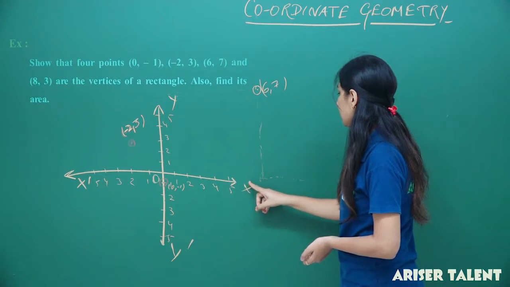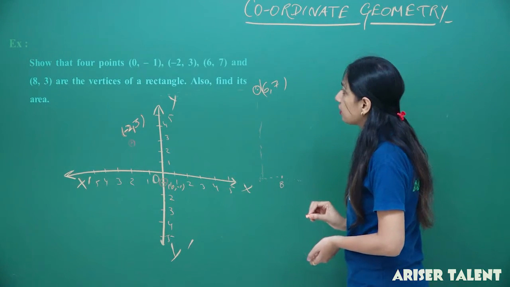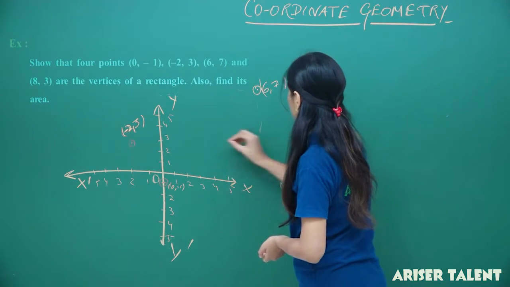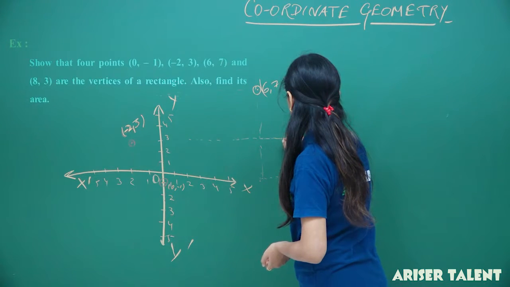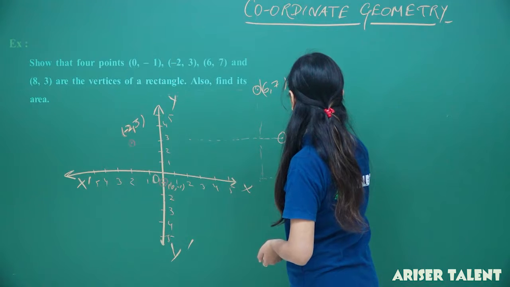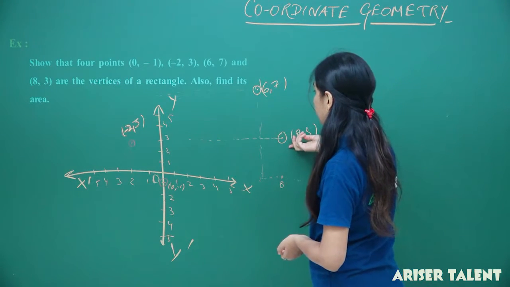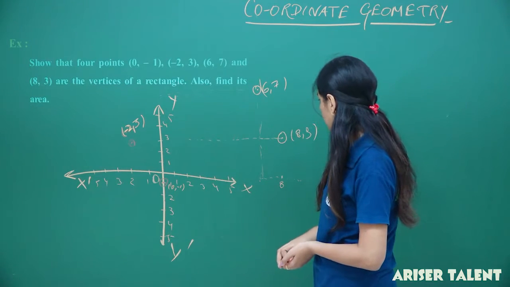So 5, 6, 7, 8, so maybe 8 here. If this is 8 and 3 in y, positive, that will be here. This is the point (8, 3). So first point, second point, third point and the fourth point here.